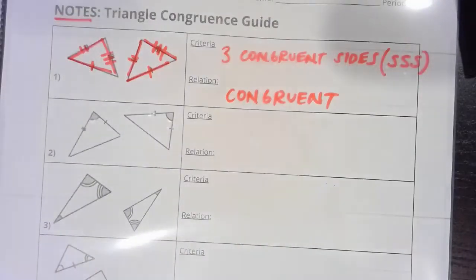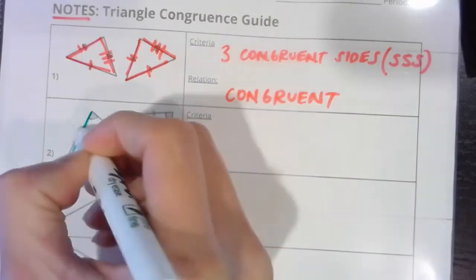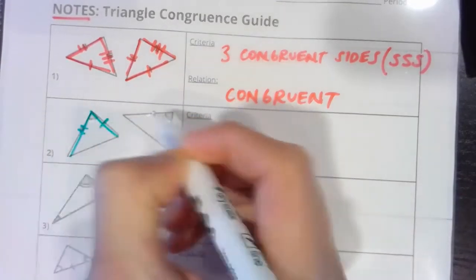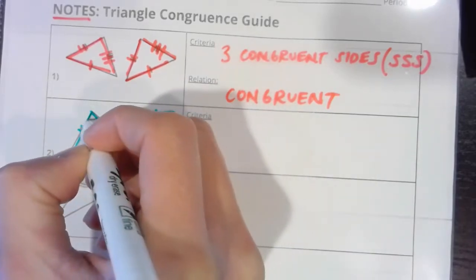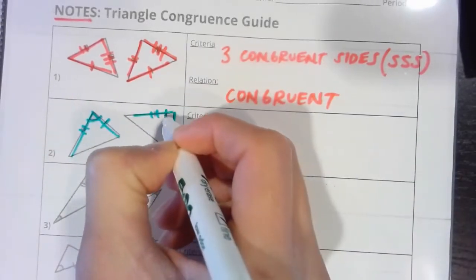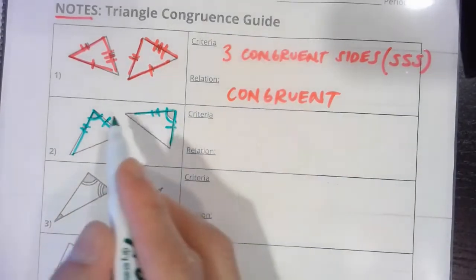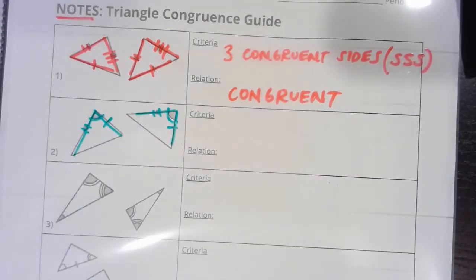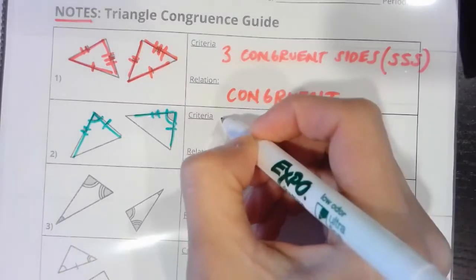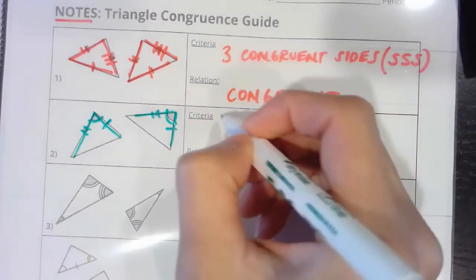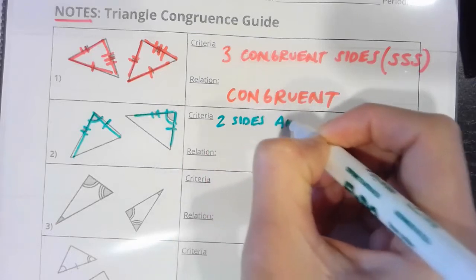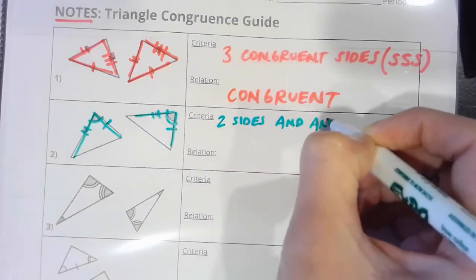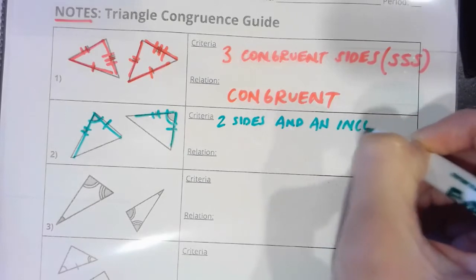Next example. In this one, we have these 2 sides that are congruent between the 2 triangles, and this angle that's in between the 2 sides is also congruent. And so we can say that these 2 triangles share 2 sides and an included angle. The angle is in between the 2 sides.